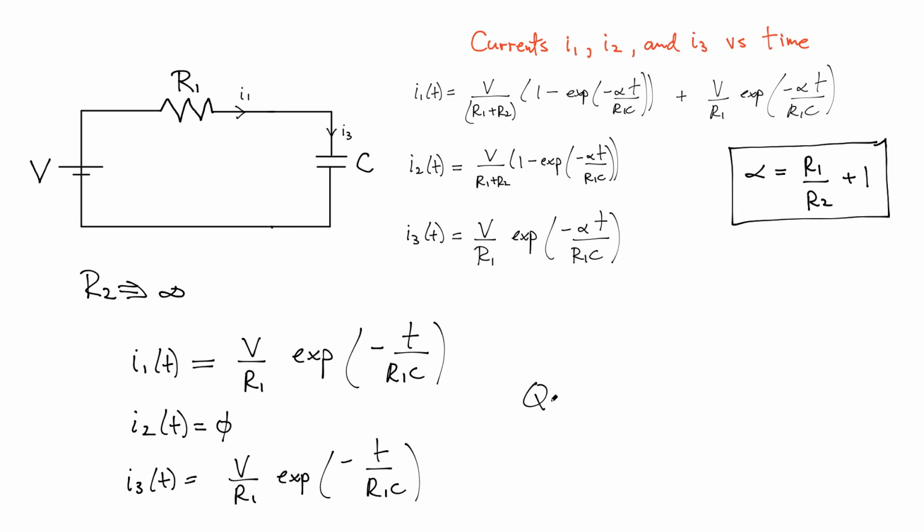And also, if you looked at the charge as a function of time on the plates, again, that expression for alpha would simply simplify to 1. And you'd be left with the charge on the plates simply looks like our standard textbook expression here. So our equations are consistent with all of the limits that we can look at here for this problem.